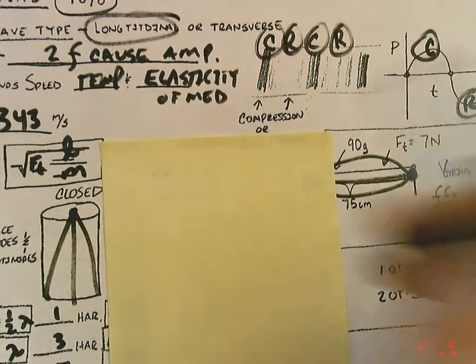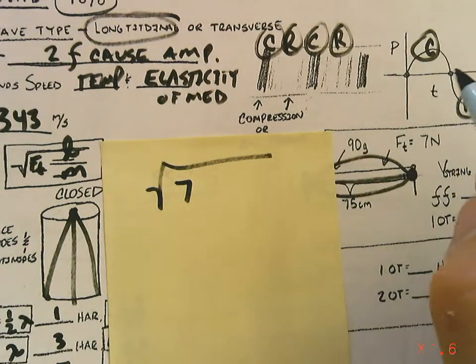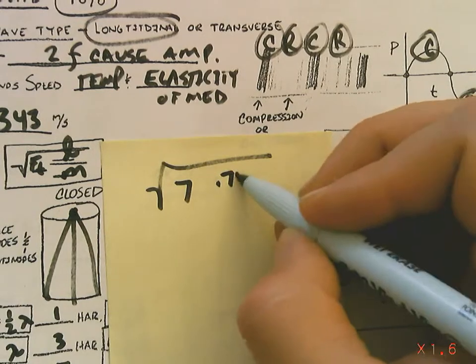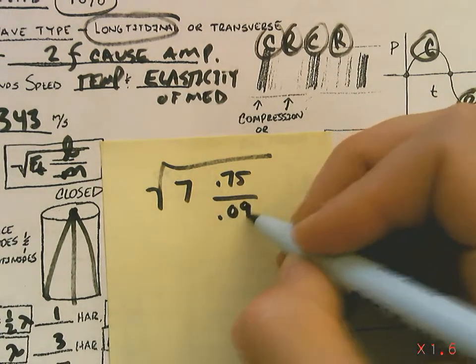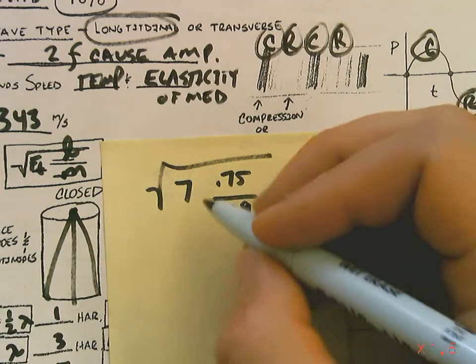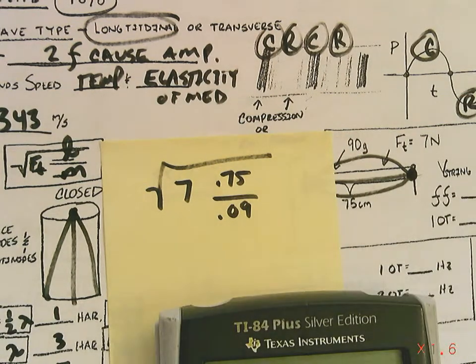So the tension in the string was given with 7, and the length of the string was 75, so 0.75, and the mass of the string is 0.09 grams. And then you multiply it out in square root, and that'll tell you the velocity in the string.